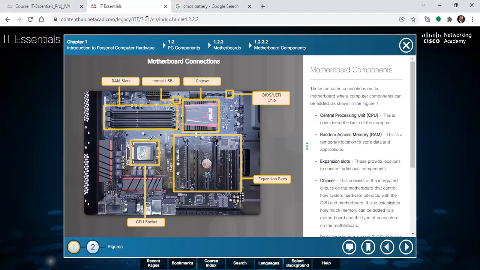So the battery, is it also in a laptop? Yes, it's on a laptop. It's on every motherboard, because the work of that battery is to keep saved information of your BIOS. For example, the default setting of the BIOS says my system should boot from a particular hard drive.